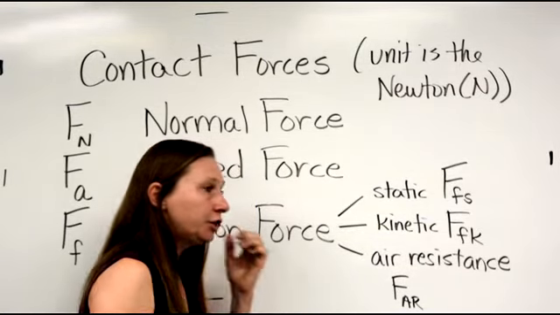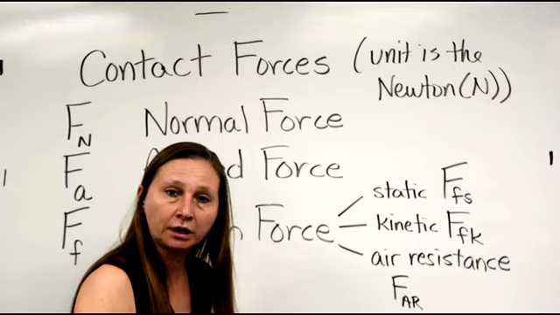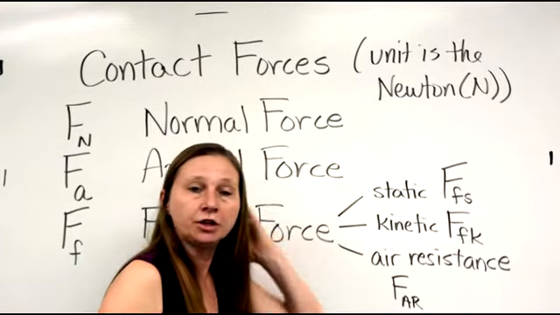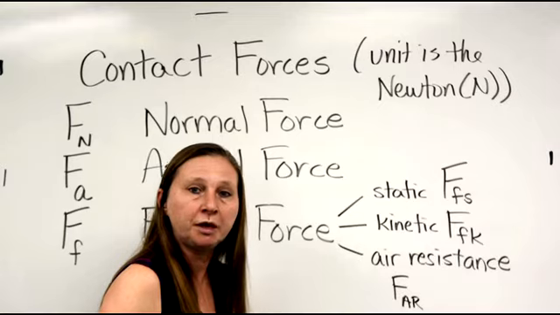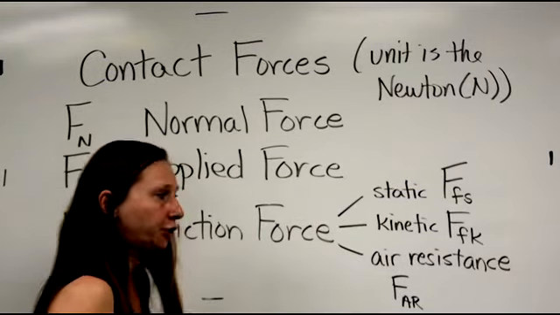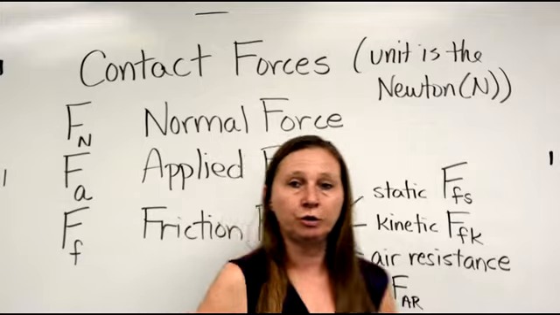So that air resistance could be something falling vertically or something moving horizontally, trying to go faster and faster, trying to pick up speed. All right? So those are the different types of friction forces that we're going to encounter.